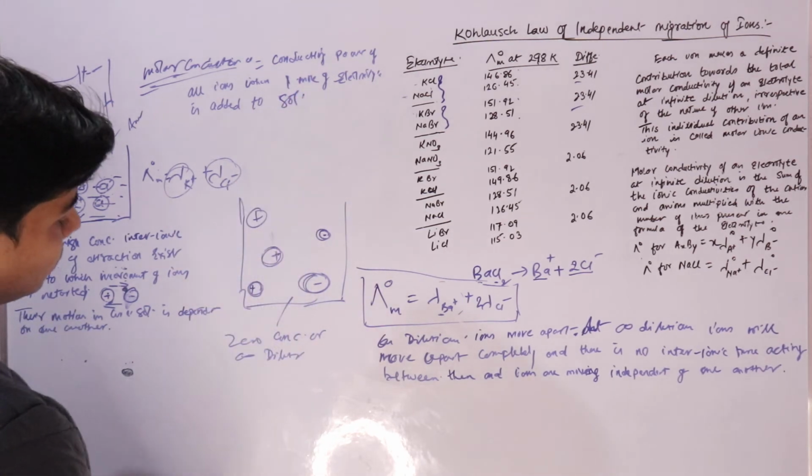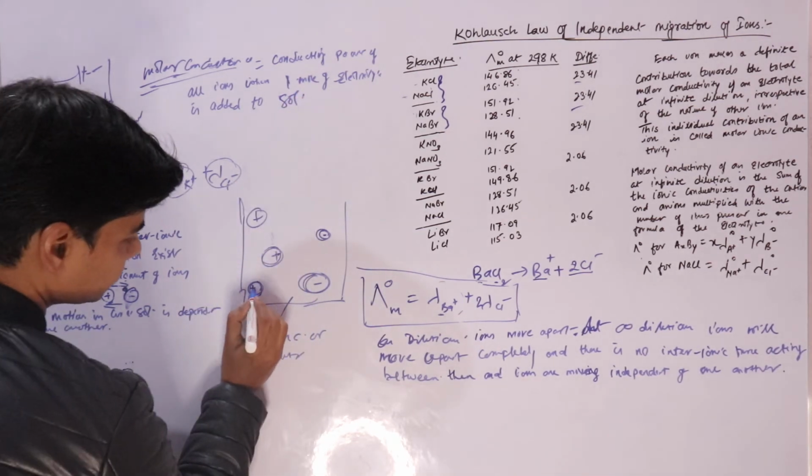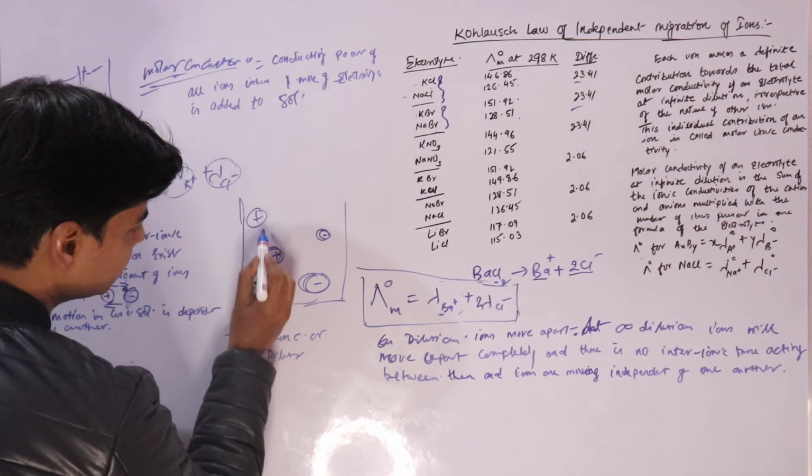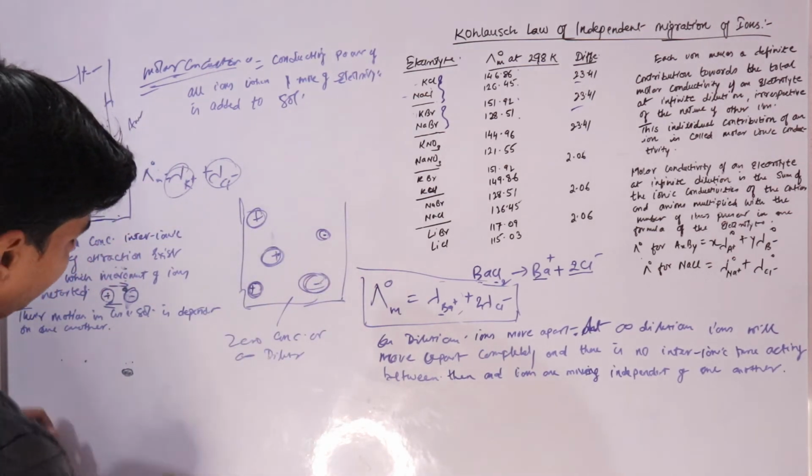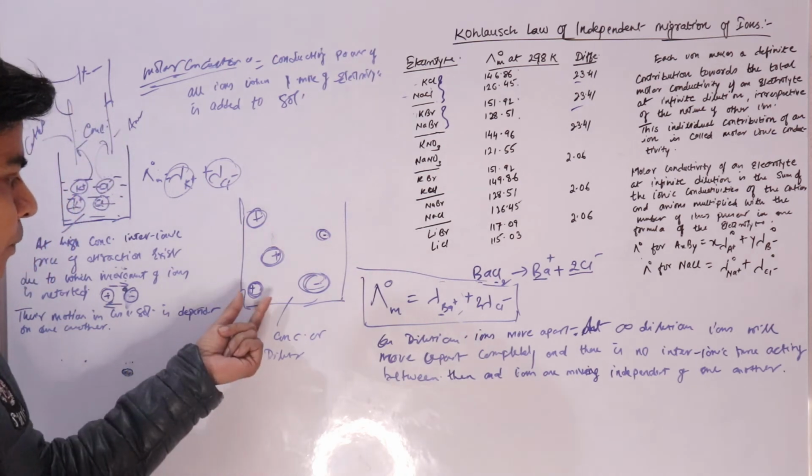So molar conductance here would be the sum of all these ions' ionic conductivities.